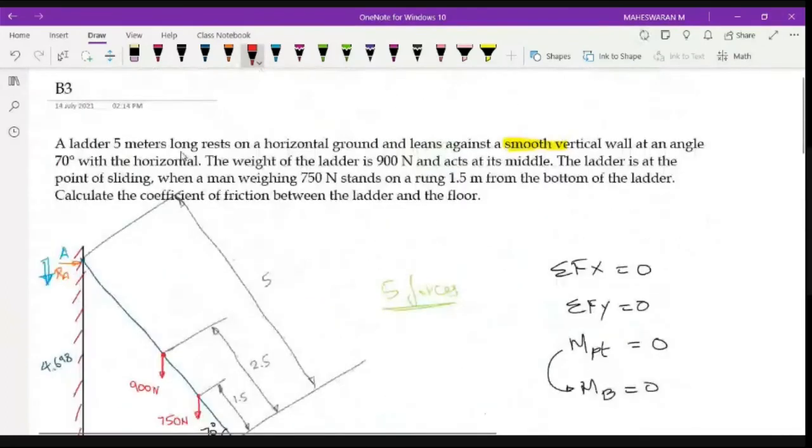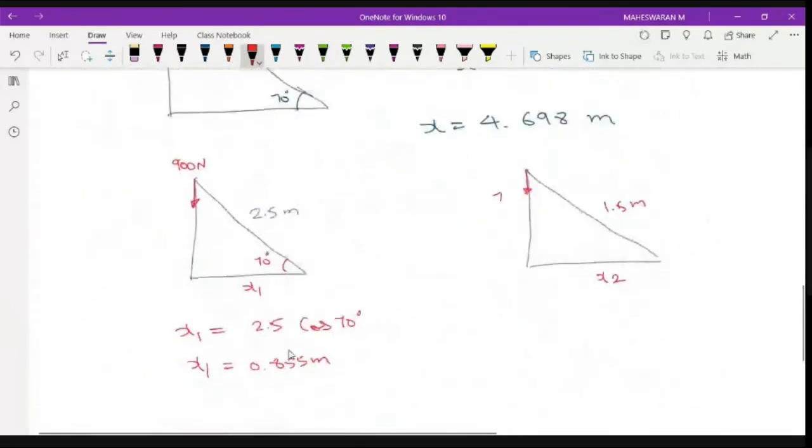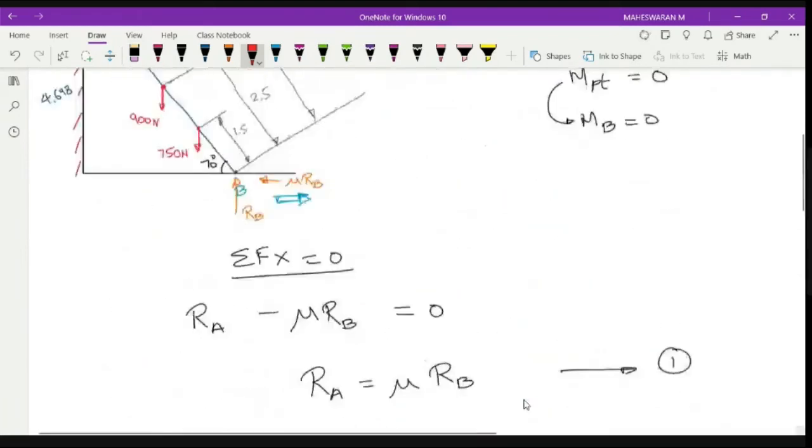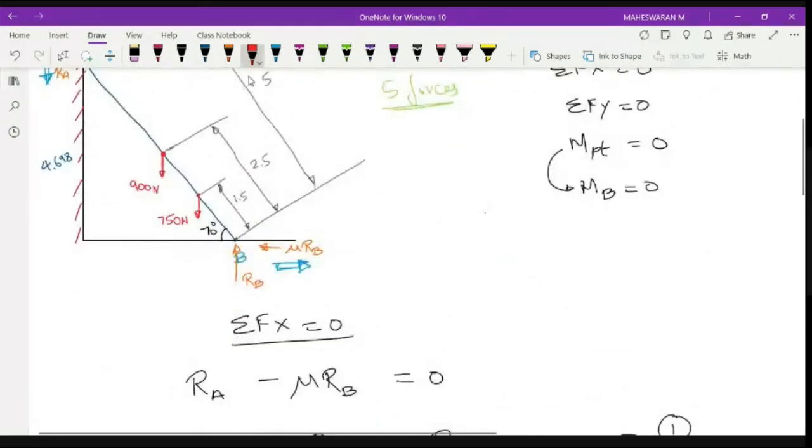For 750, the distance is 1.5, right? This is a vertical force, so I need horizontal distance. So x2 will be equal to, again, 1.5 cos 70. So we'll get x2 around 0.513 meter, right?